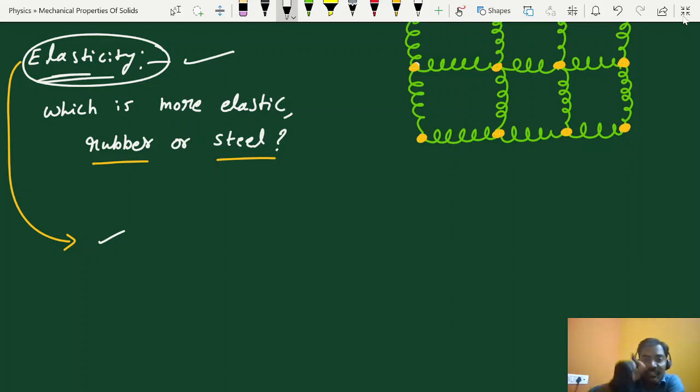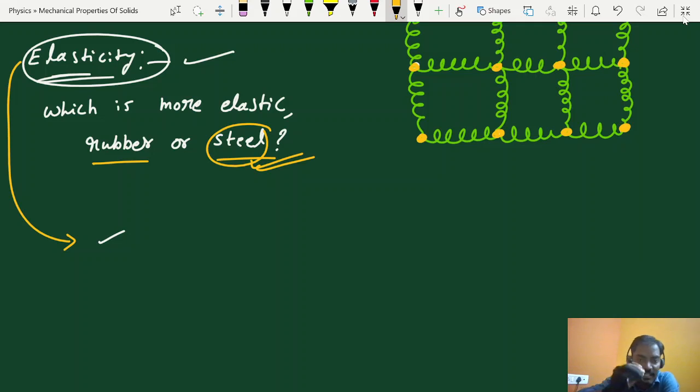With this definition, you can understand very clearly steel is more elastic than rubber, because for the applied deformation force, steel opposes the change in shape or size compared to the rubber. So we can say steel is more elastic than rubber.